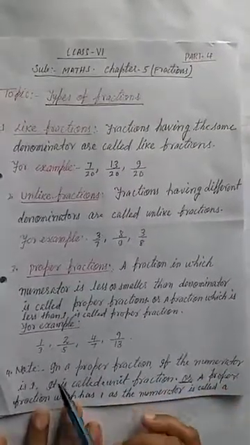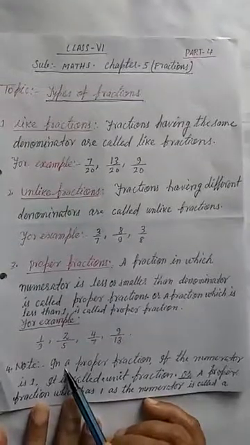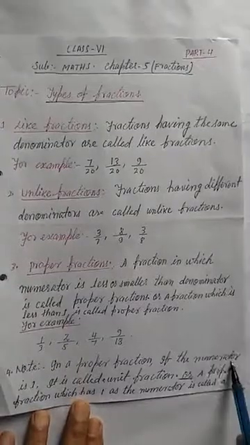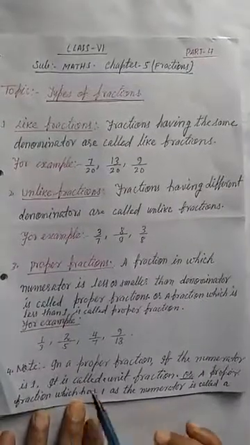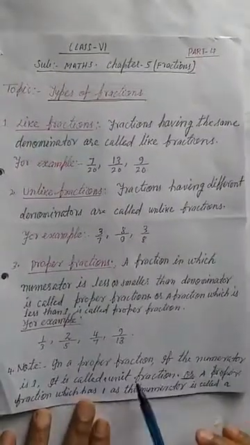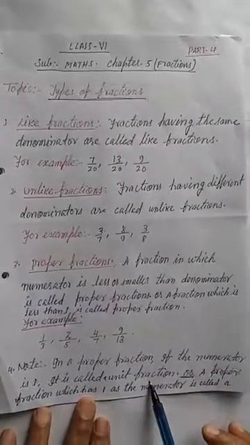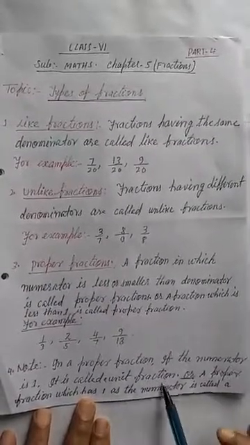Now note, this is related to proper fractions. In a proper fraction, if the numerator is 1, it is called a unit fraction. So regarding the unit fraction, don't get confused. If the numerator is 1, the fraction should be proper.